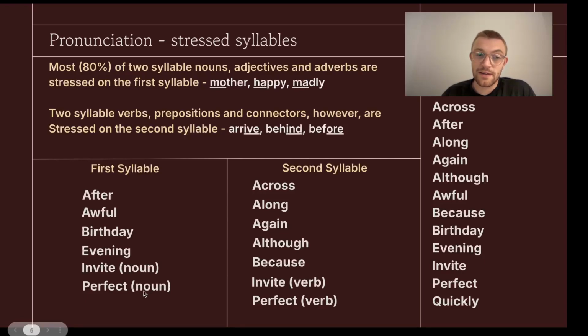Perfect. I don't know why I've put noun there. It's an adjective. And perfect. Right. Perfect is the verb, and perfect is the adjective there. Right. There we go. So sometimes it depends. How you pronounce it will depend on whether it's a noun or a verb, or an adjective or a verb.